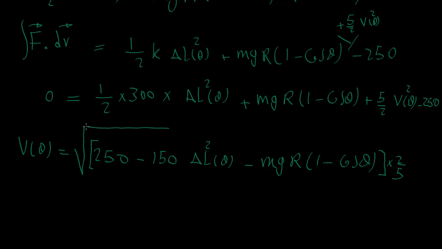So basically a square root of this quantity. This is v theta, the velocity of the particle as a function of theta.